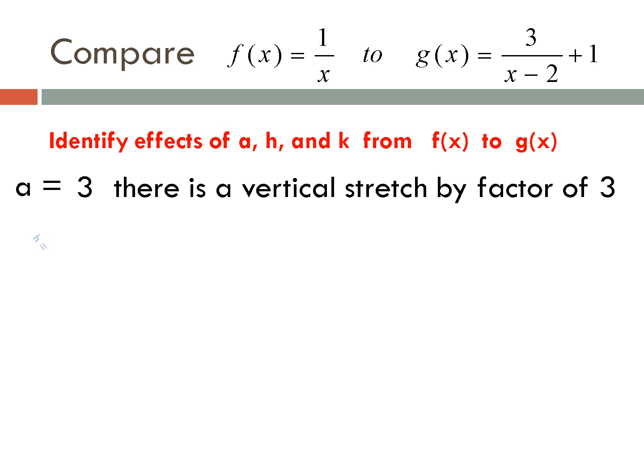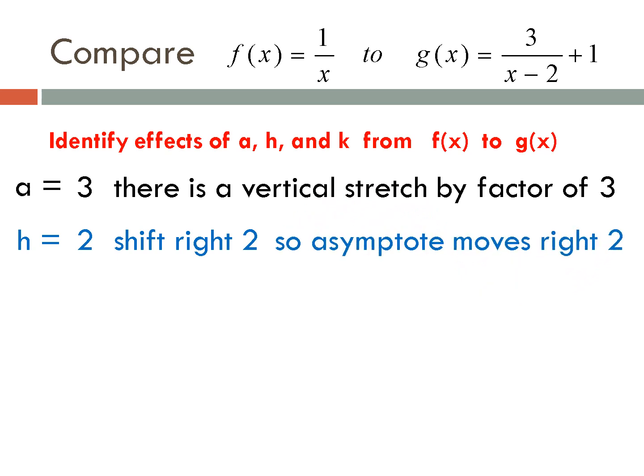Now let's see, is there an h value? Well, x minus h, x minus 2, so h is 2. So that means my graph is going to go to the right 2. Well, if my graph goes to the right 2, my vertical asymptote also moves right 2.